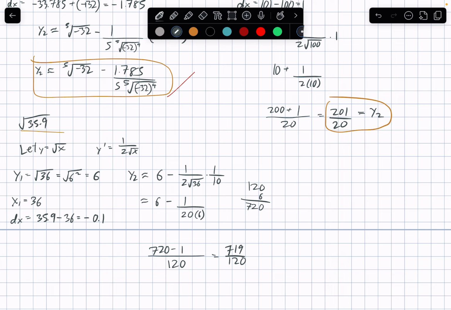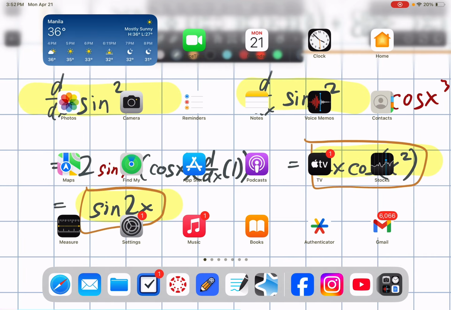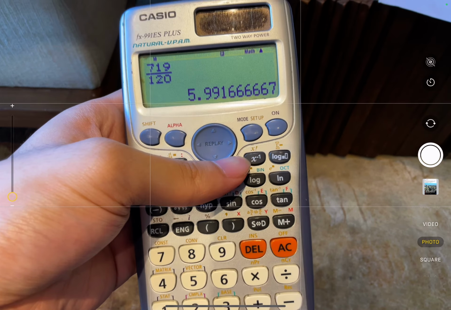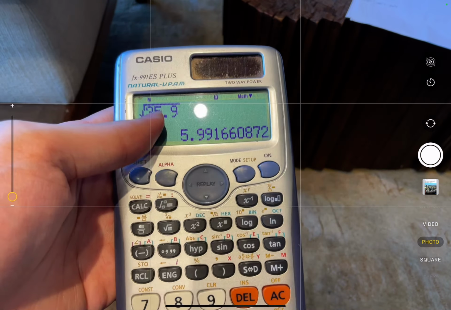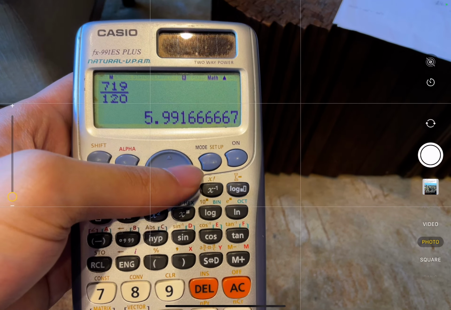Okay, so it's roughly the same. Let me show you. So this is what we got. If we place the actual problem in the calculator, they are roughly the same.